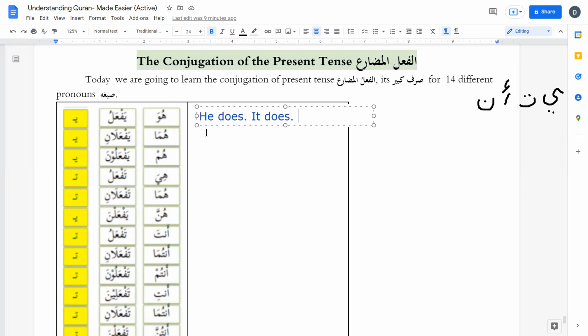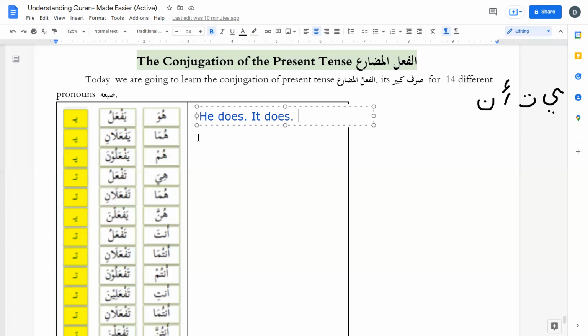So if the doer is huwa, he or it, singular and third person, then fi'l mudari is yaf'alu, ya beginning and ending in dhamma, yaf'alu. So this is ya because he is masculine and he is not there.